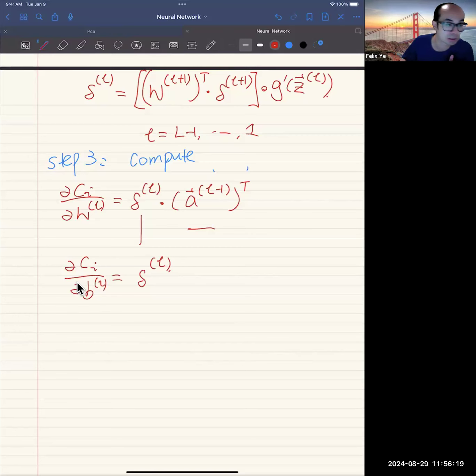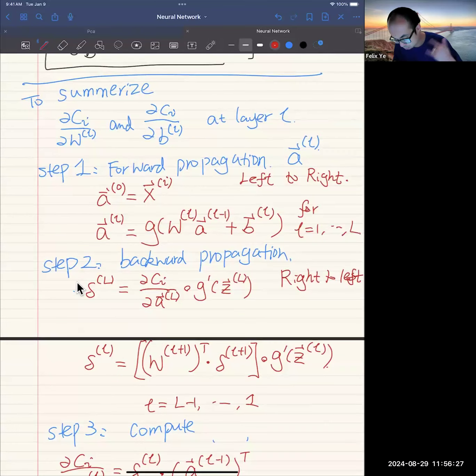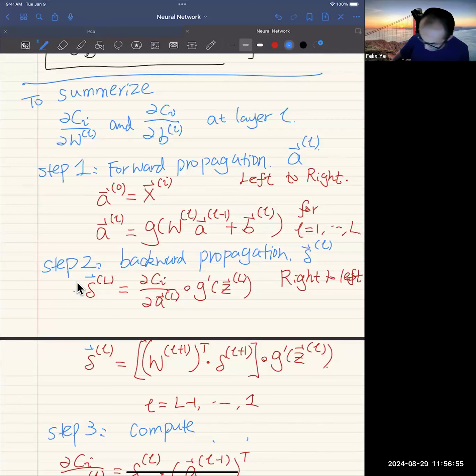This is the 3-step procedure of backward propagation. We use both forward propagation and backward propagation to calculate the gradient here. So we're trying to calculate the delta, which is also a vector here, right? A_L, the output of the neurons, is calculated from left to right, and delta, which is our helper function, is calculated from right to left.